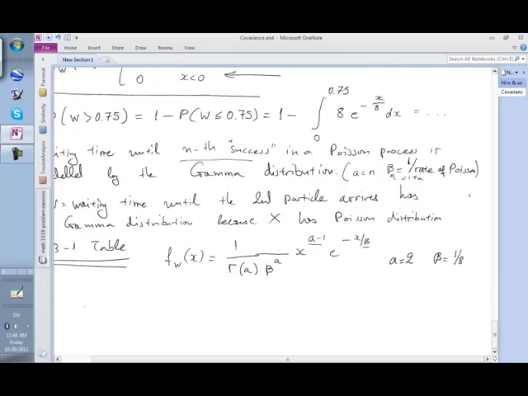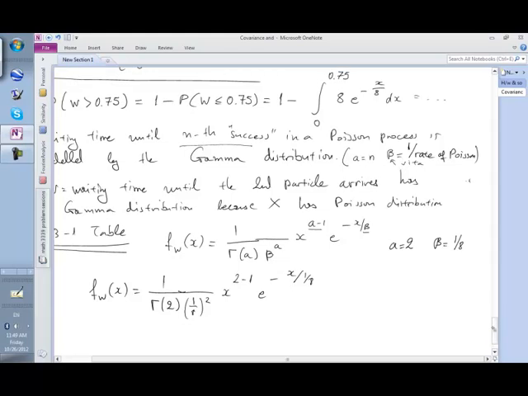So I would have f of w of x equal to 1 over gamma of 2, which I will tell you exactly in a moment, times 1/8 squared, x to the 2 minus 1, e to the negative x over 1/8.